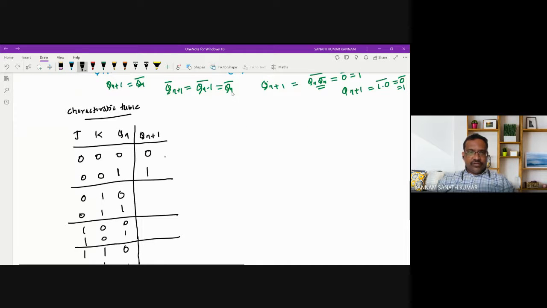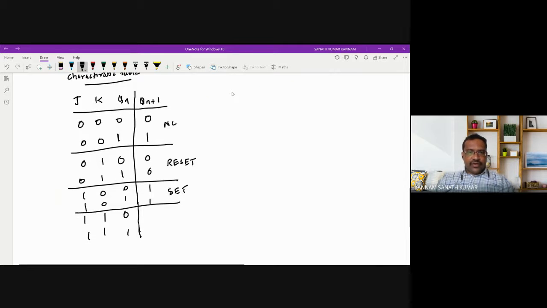When it is 1 0, set state. And when it is 1 1, toggle state, so Qn bar you are getting. If Qn is 0 or 1, you are getting 1 or 0. This is toggle state. So you can draw the K map for getting the characteristic equation for the JK flip flop.